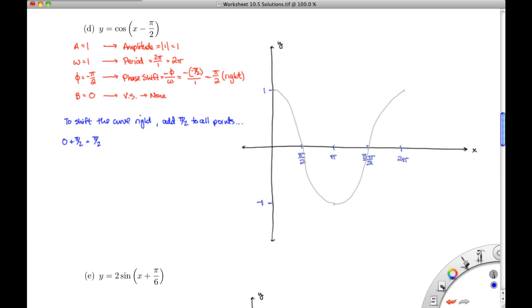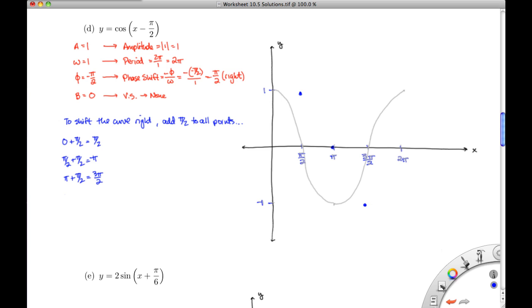So this point right here, which was on the y-axis, is now going to get shifted over pi over 2 right here. And then the point that was at pi over 2, which was our x-intercept, if we add pi over 2 to that, that's going to go to pi. So the x-intercept gets shifted over here. So we're just taking all these points and literally shifting them over to the right, pi over 2. If we take pi and we add pi over 2, that's going to give us 3 pi divided by 2. So this min is going to get shifted over to 3 pi over 2.